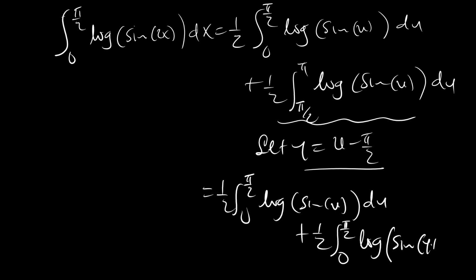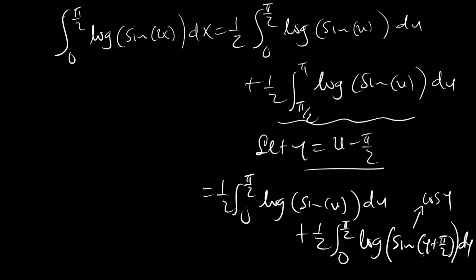So as you can see, this already goes to cosine of y, right? Sine y times cosine pi over 2 plus sine pi over 2 times cosine y. Yep.